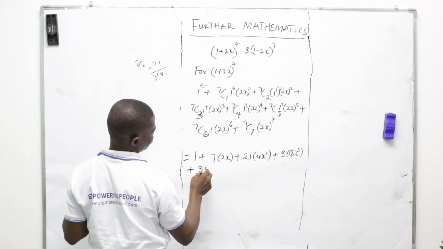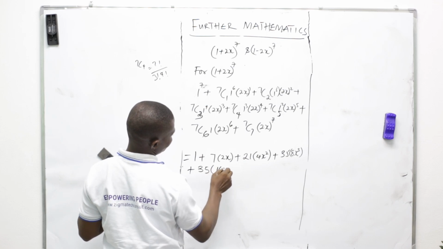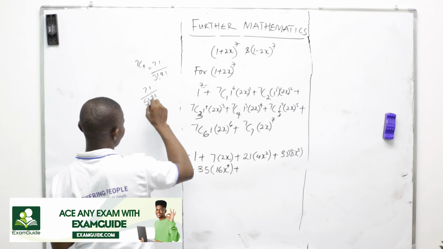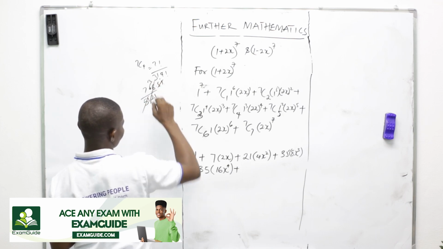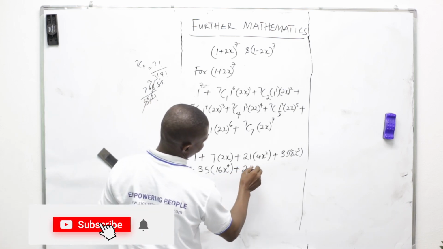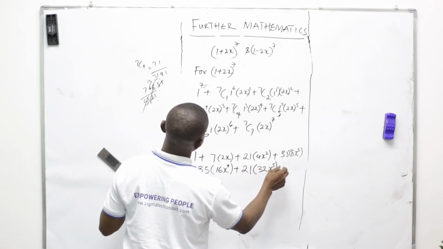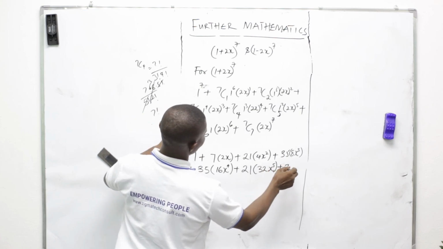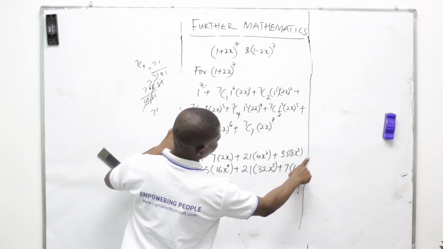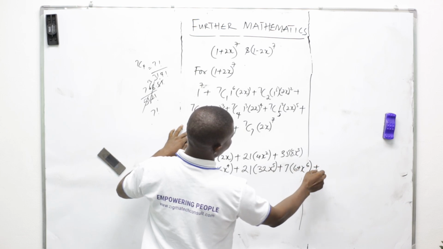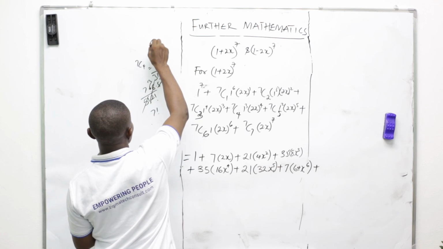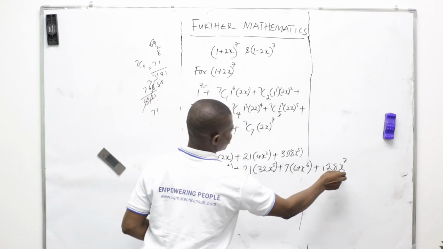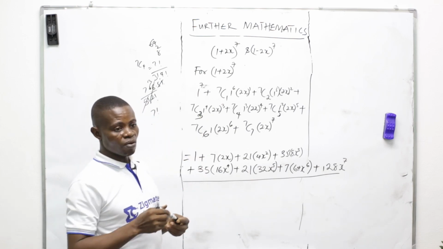That is 35 into 16x power 4, plus 7 combination 5, 7 factorial over 5 factorial, 2 factorial, cancel, this is 21, into 32x power 5, plus 7 combination 6, that's 7 into 64x power 6, plus 64 times 2, 128x power 7. So this is the expansion for 1 plus 2x.